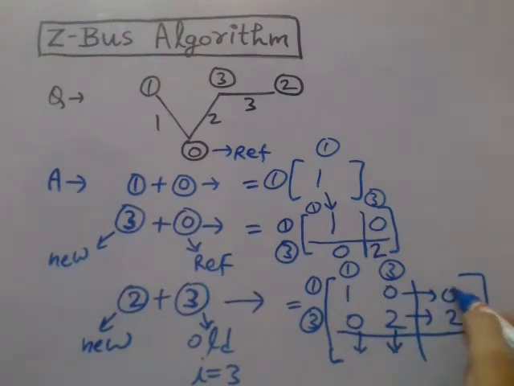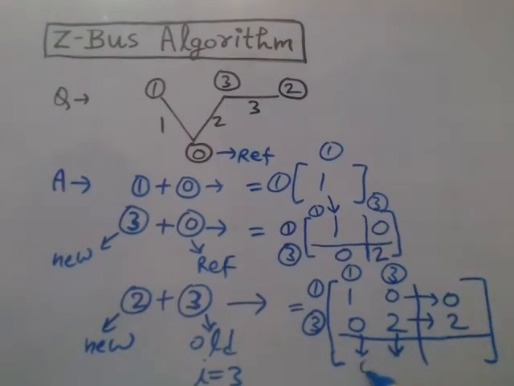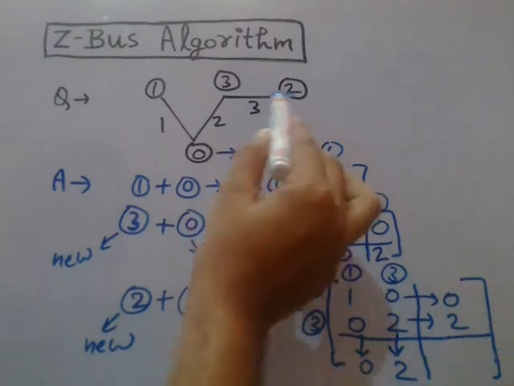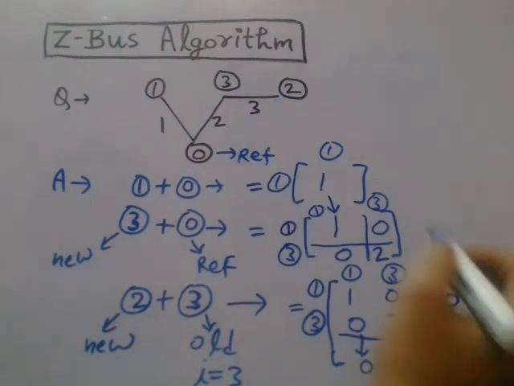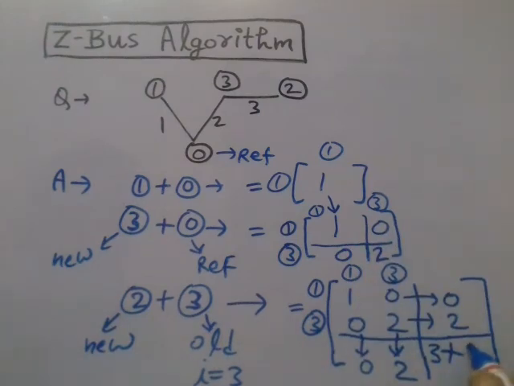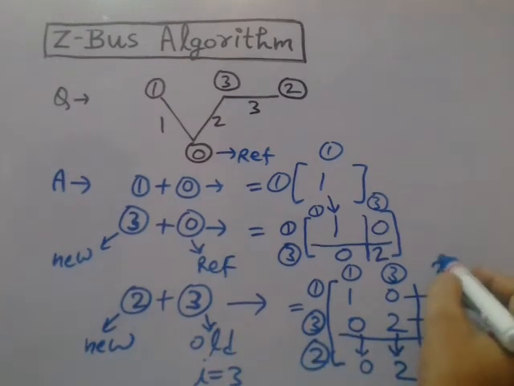So 0 2, you simply copy this last column element 0 2, copy this last row element 0 2, right? And here you write ZB plus Zii in the last row last column element. ZB is the branch impedance that is to be added. So here the branch impedance is 3 between node 2 and node 3. So ZB is 3, Zii is basically Z33, so you add 3 plus 2, right?